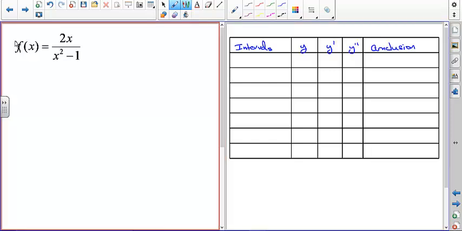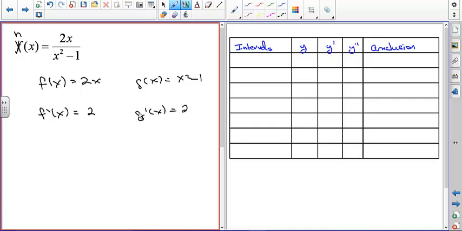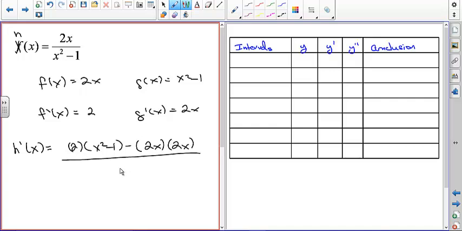Okay, so actually I'm going to call this h of x, so let's just work through this. f of x equals 2x, g of x equals x squared minus 1. So f prime of x is 2, and g prime of x is 2x. The quotient rule says that the derivative of a quotient is f prime of x times g of x minus f of x times g prime of x, all divided by g of x squared.